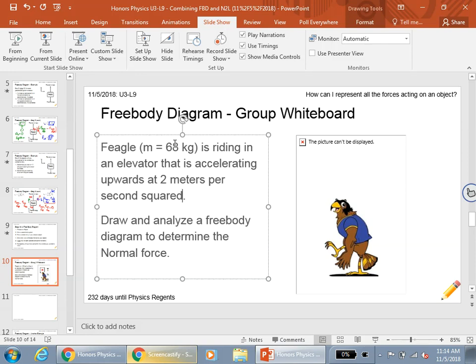So we're starting at this point here, except now instead of AY being 0, it's 2. Right? What you're saying is now instead of AY being 0, now it is 2. How does that change what we're doing? So this should be 68 times 9.81. Weight is m times g.